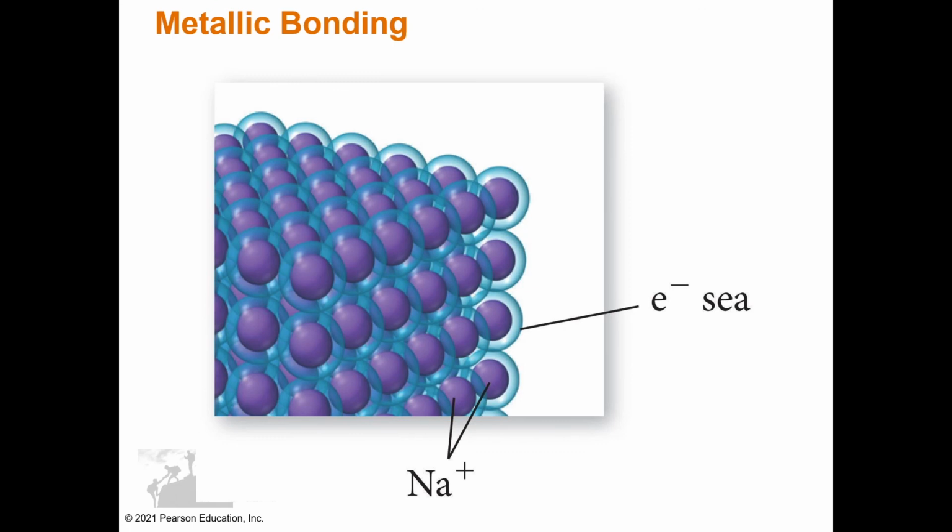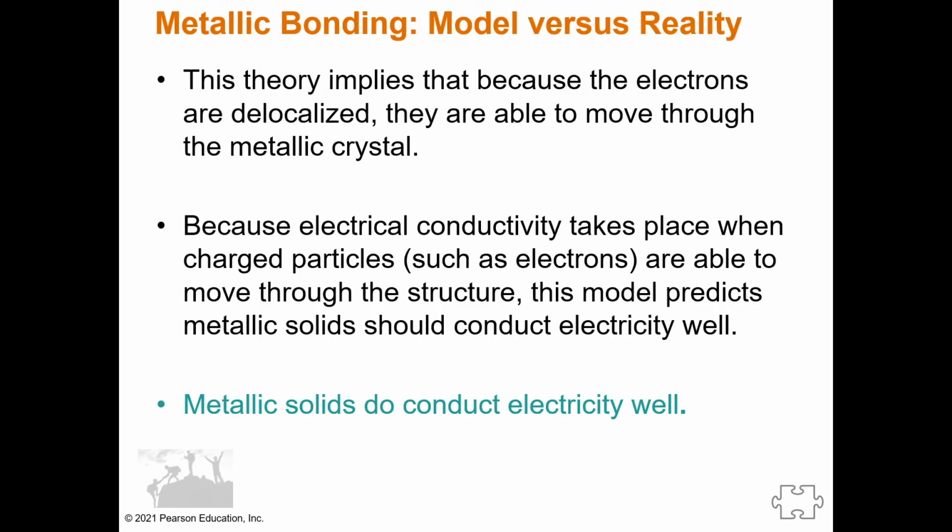So here's a picture of sodium, sodium cations in an electron sea. The bonding results from the attraction of these Na+ ions for the delocalized electrons. Let's take a look at this bonding model versus what we see in reality.